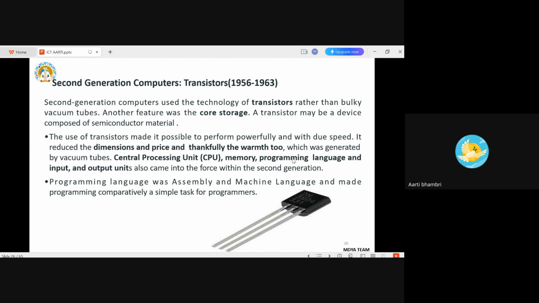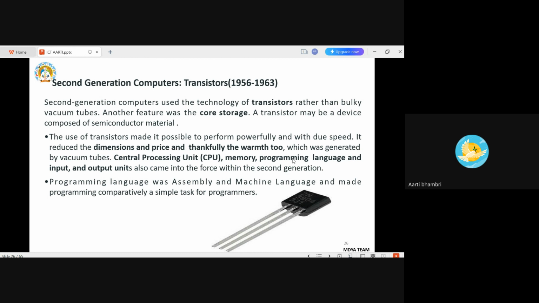I will tell you later what assembly language and machine language are when we study memory.